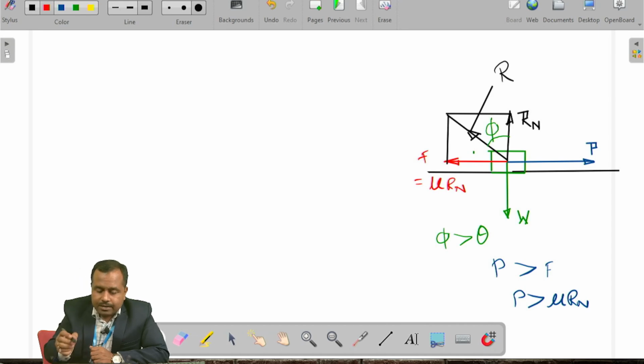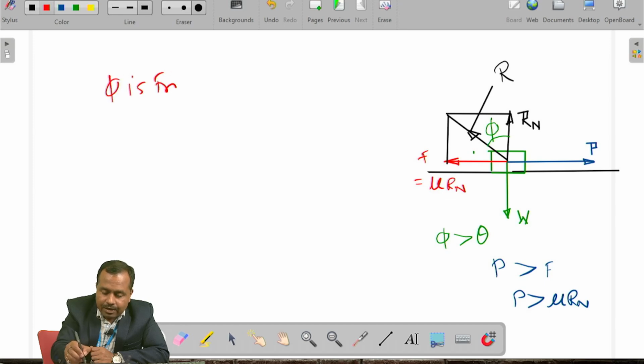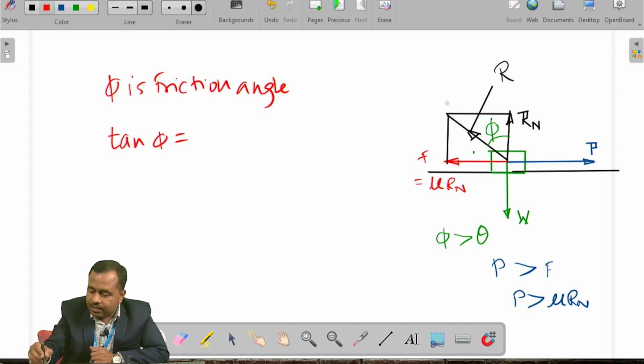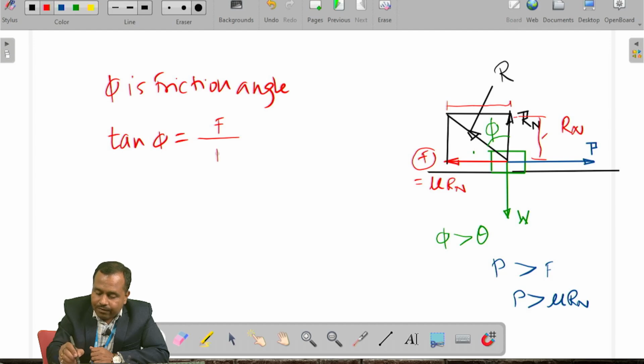So here phi is the friction angle. Okay, so tan of phi is equal to the frontal side, which is parallel to the frictional force F, so frictional force F, and this one is the adjacent side, which is Rn. Okay, so tan of phi is equal to F upon Rn.